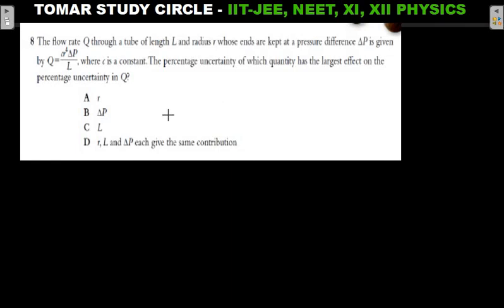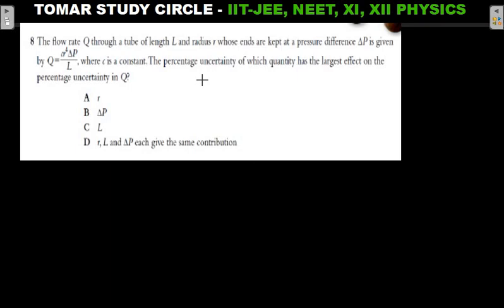The next question is here. The flow rate through a tube of length L and radius R, whose ends are kept at a pressure difference delta P, is given by Q equal to C R to the power 4 delta P divided by L. Here C is a constant.